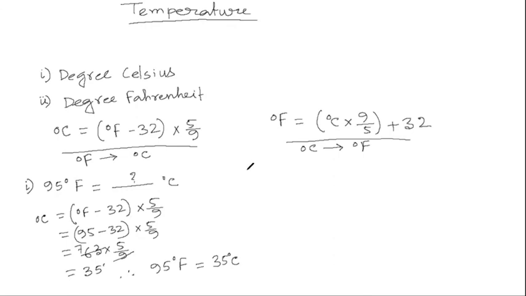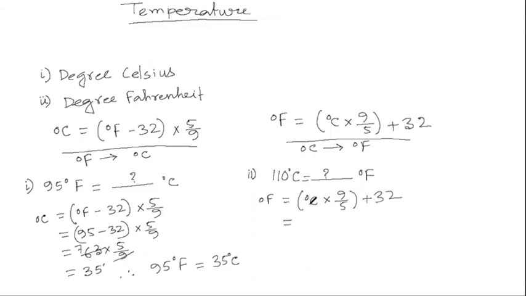Next, here is another example of how to convert a temperature from the Celsius scale to the Fahrenheit scale. Suppose 110 degree centigrade. How do you convert it into the Fahrenheit scale? We use this formula: degree F equals degree C into 9 by 5 plus 32.